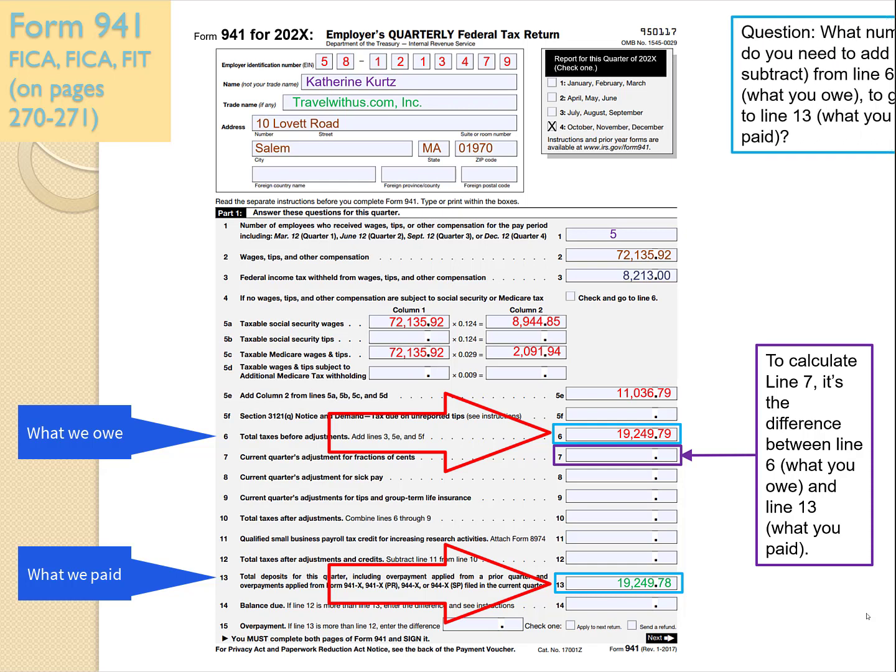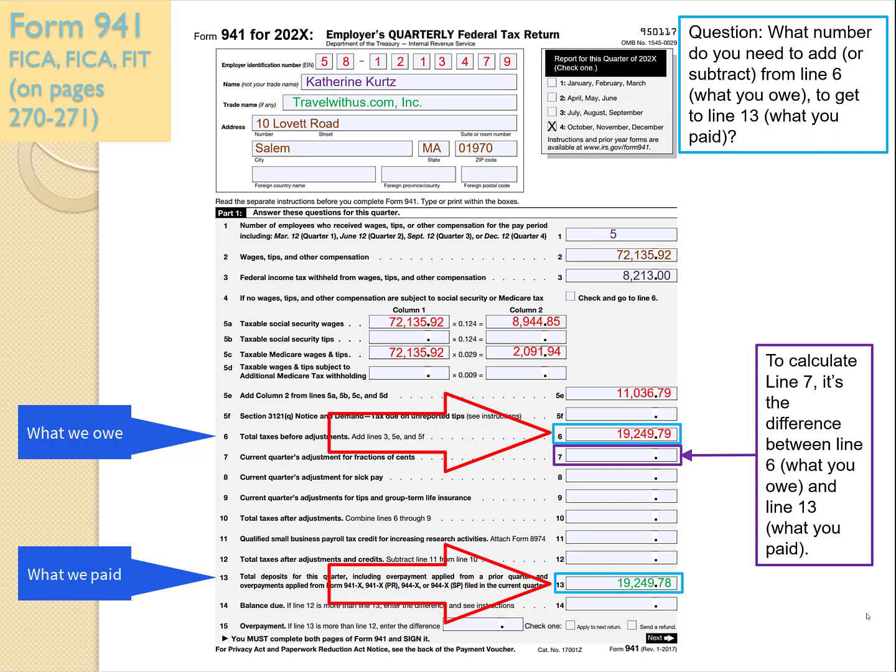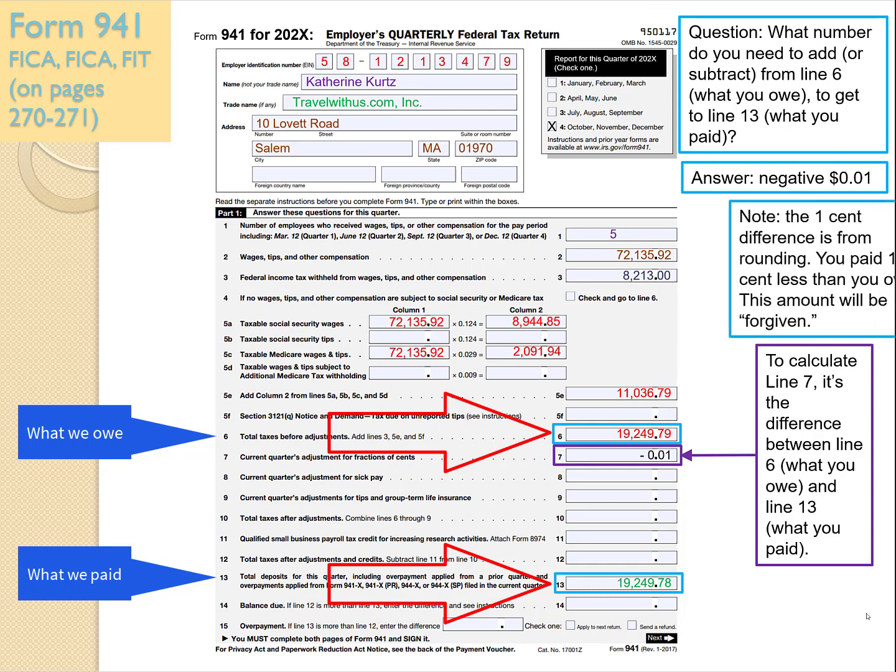So the question is, what number do we need to add or subtract from line 6, which is what we owe, to get to line 13, what we paid? So what's the difference between line 6 and line 13? How do we get from line 6 to line 13? We have to subtract 1 penny, negative 1 cent. So line 7 is minus 1 penny.